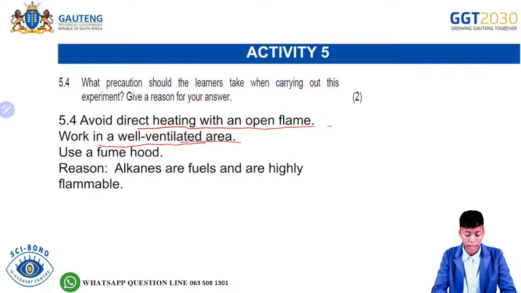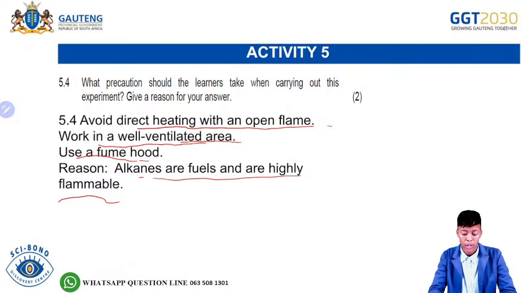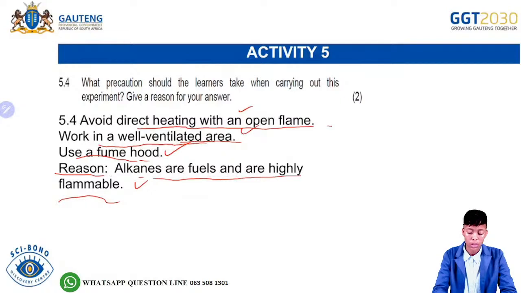And they must also use a fume hood. And what would be your reason there? It says alkanes are fuels and therefore they are highly flammable. So that is your 2 marks there. It means that you can get a mark for any of the 3, and therefore for giving your reason there.